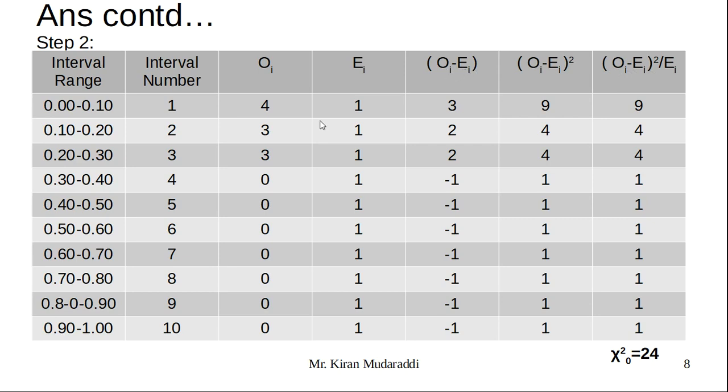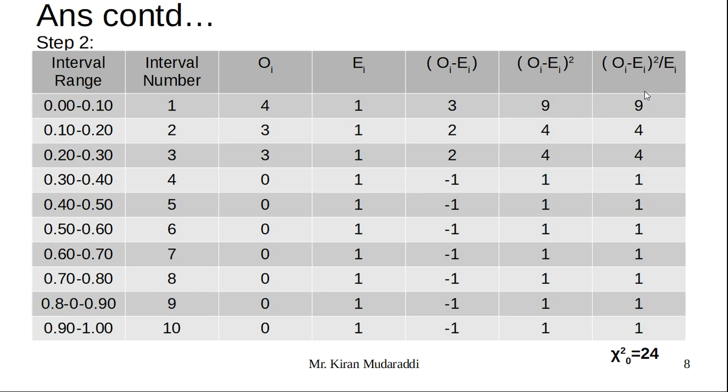OI minus EI I am calculating, that is 4 minus 1 equal to 3, 3 minus 1 equal to 2, 3 minus 1 equal to 2, 0 minus 1 is equal to minus 1, and similarly this column is filled. And similarly I'm taking the square of this particular column. The square of 3 is 9, 2 squared is 4, 2 squared is 4, minus 1 squared is 1. Similarly I'll fill this particular table.